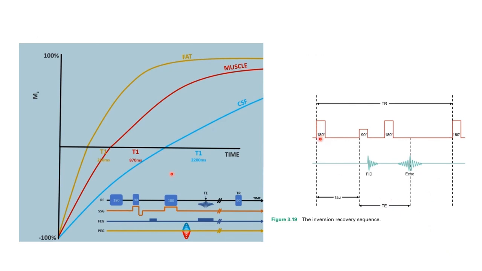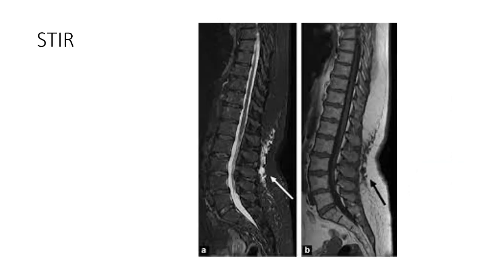The time between application of the 180-degree pulse initially and the 90-degree pulse later is called tau, also called time to inversion. If you want to suppress fat, that is in STIR, we have to keep the tau very short. So this is a STIR image where the subcutaneous fat in the back region is suppressed.